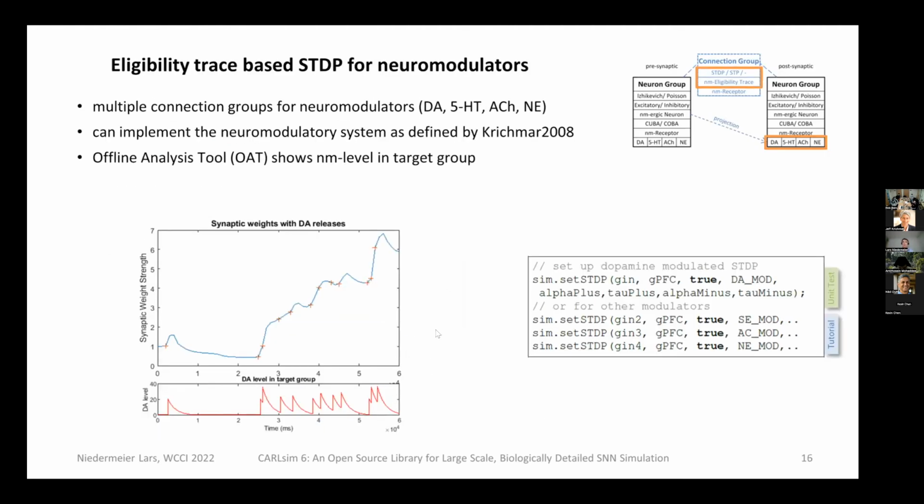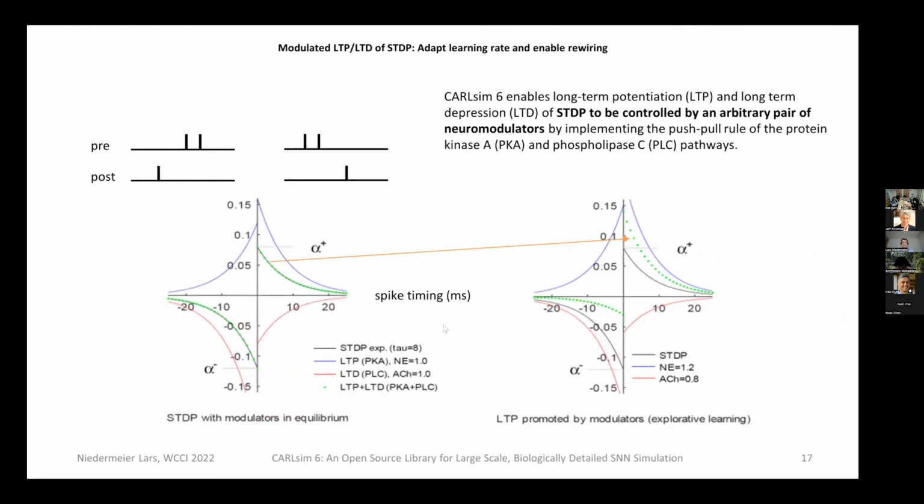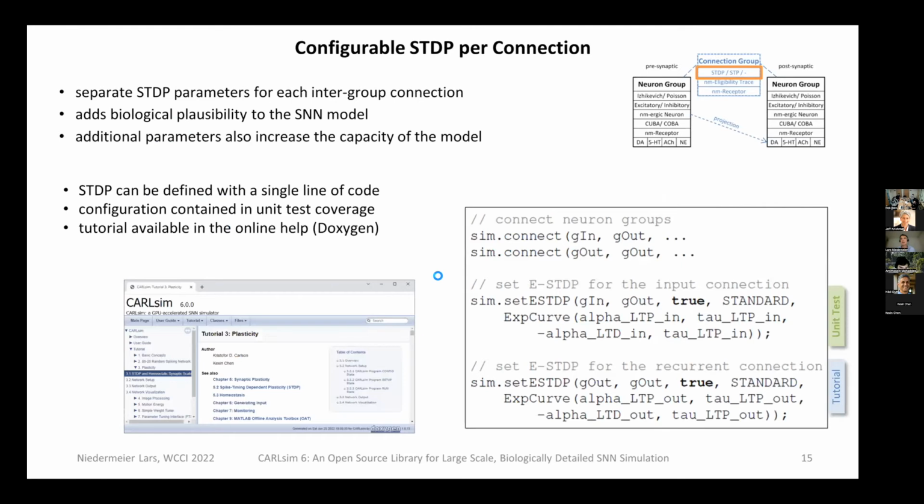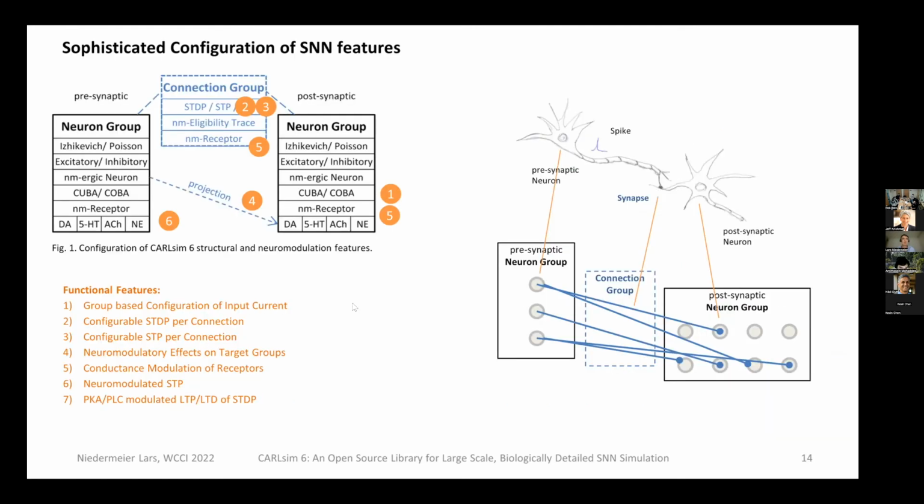You can configure standard STDP, or neuromodulated, or eligibility traced. Sorry for this flipping here. You can configure this on the connection group level. Nice.